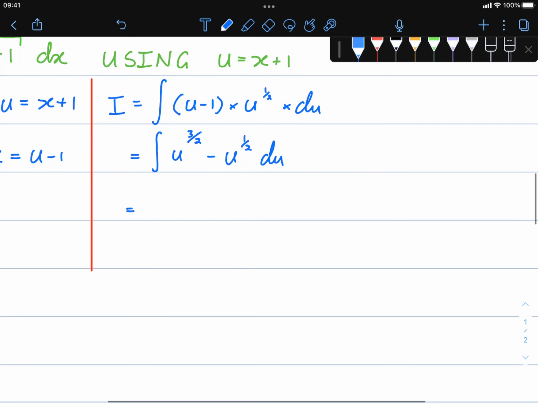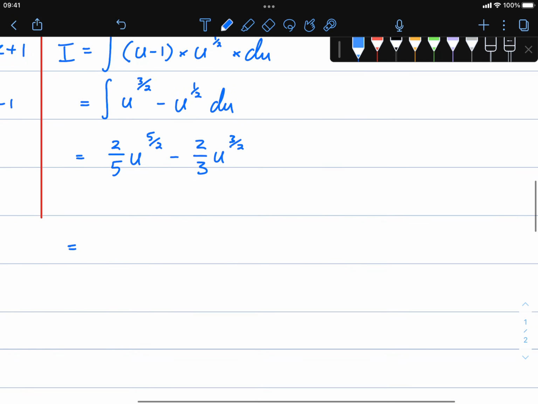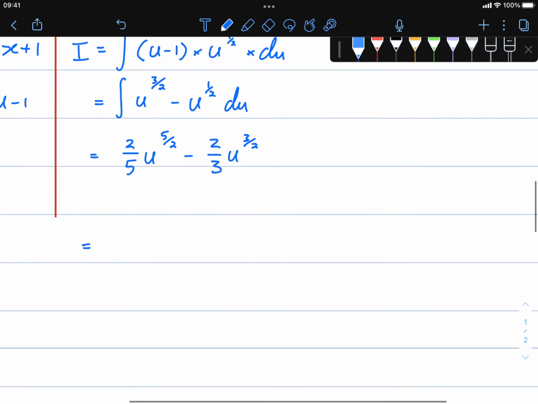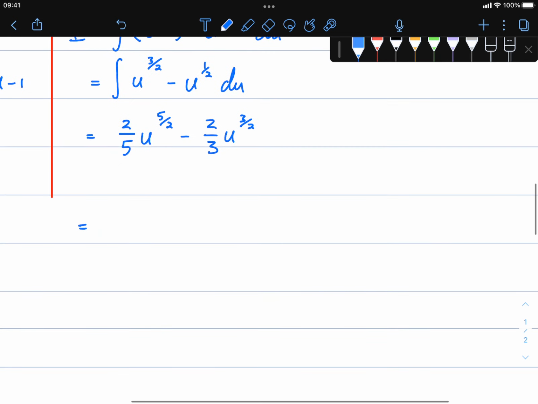Integrating this, increasing the power by 1, dividing by the new power. And we do the same for this one. This becomes increase the power by 1, divide by the new power. At this point, you can do a whole assortment of factorizations that you'd like, but for this, I'd like to just keep it a little bit simpler.